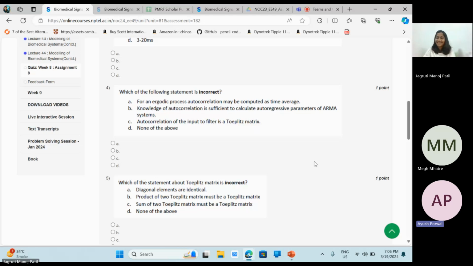Ma'am, this is written: the matrix on the left-hand side is the autocorrelation function of the input to the filter in the case of a Wiener filter. So by this, we conclude that the C option is given for the Wiener filter. So I have a doubt, ma'am, whether in the Wiener filter case also it's a Toeplitz matrix or not. So from where did you initially start?